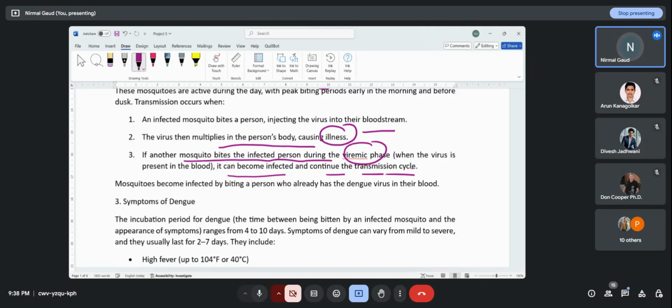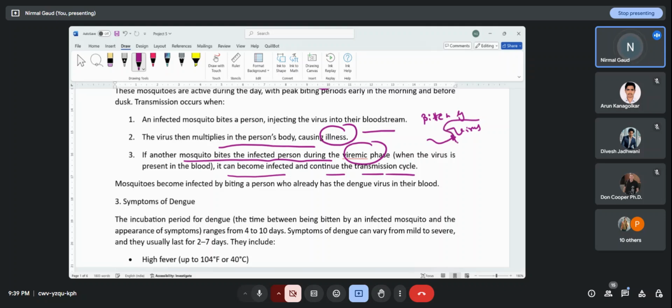See, I don't know whether we have an idea about that. For example, you have been bitten by an infected mosquito. In your blood, the virus is present. If any other mosquito which was not infected bites you, that mosquito will also become infected.